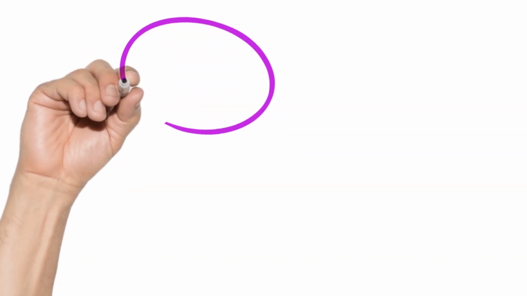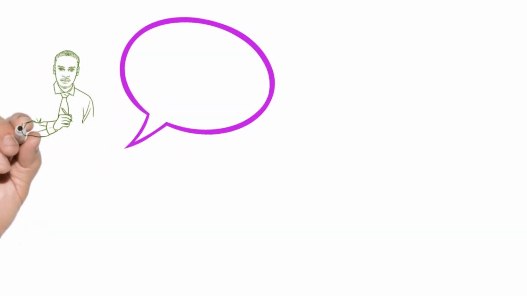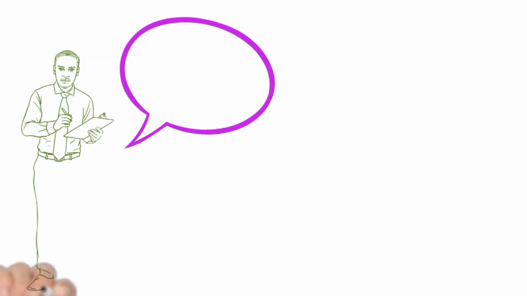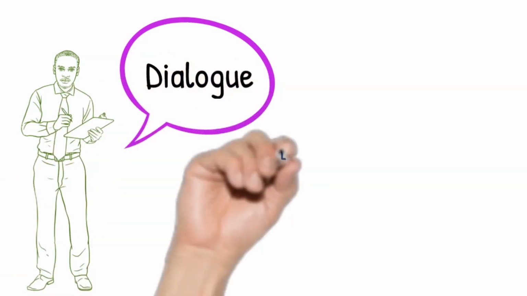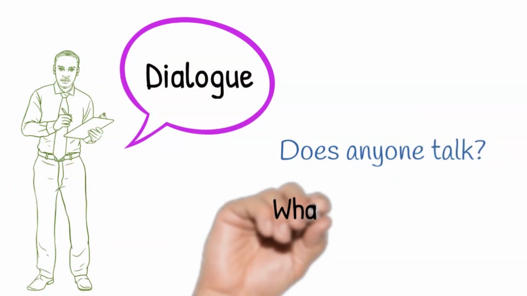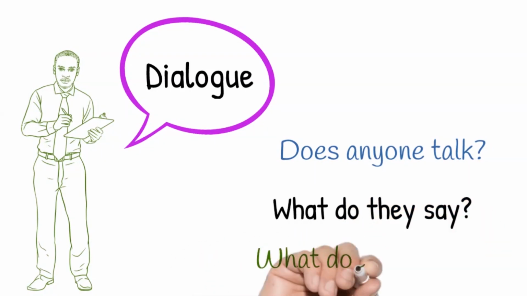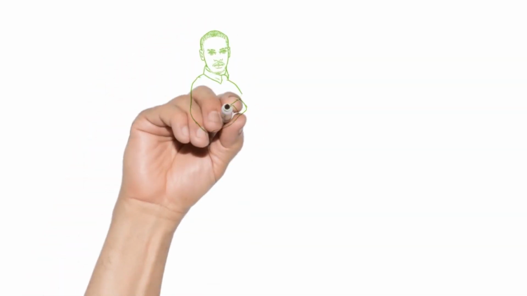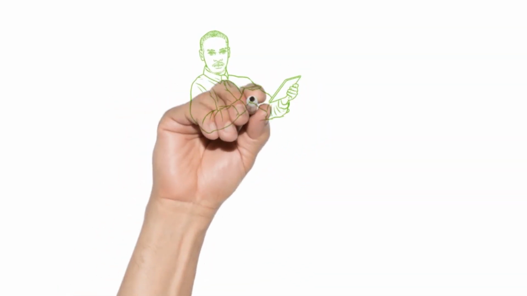Another important aspect of structure is dialogue. And when you think about the dialogue, ask yourself a very simple and basic question. Does anyone talk? What is it that they say and what does it reveal? And stories are really about people, right?